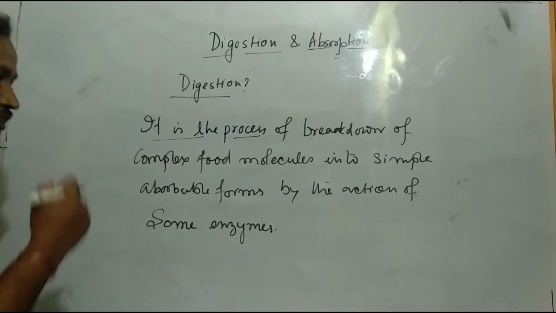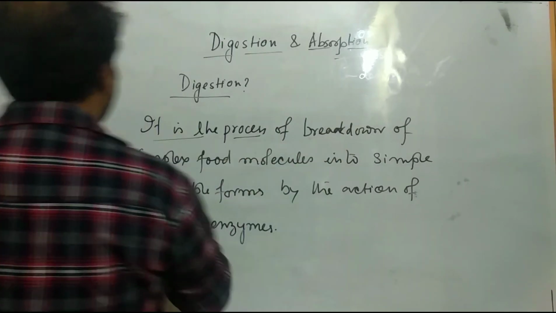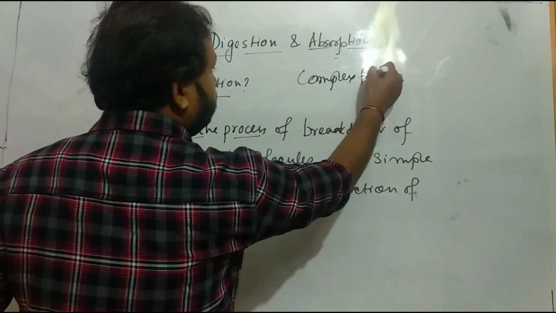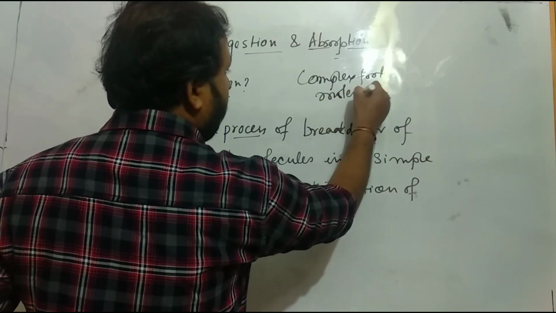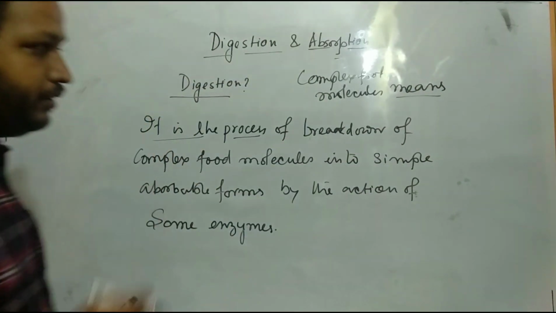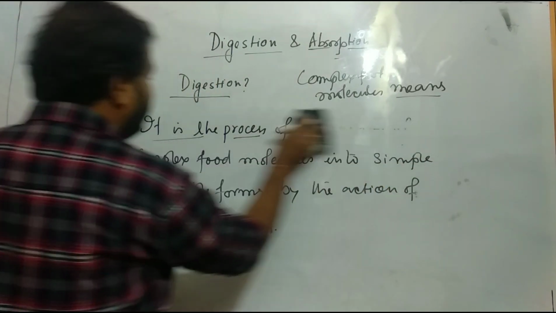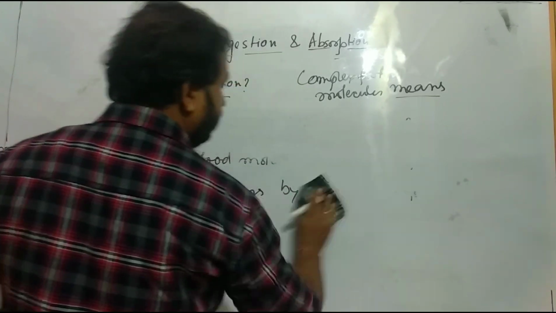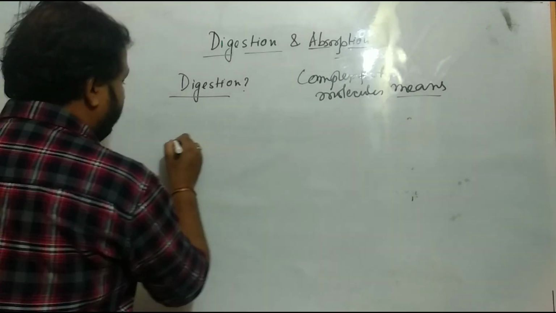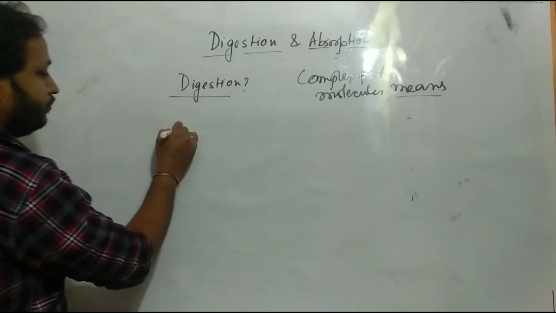So what are those complex food molecules? Complex food molecules means whatever we take as food, say rice, roti, whatever we take, most of the time the food molecules are in complex form, that is, they are in macromolecule form, in polymeric form.